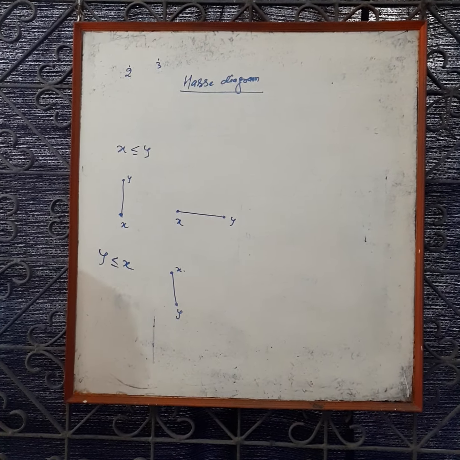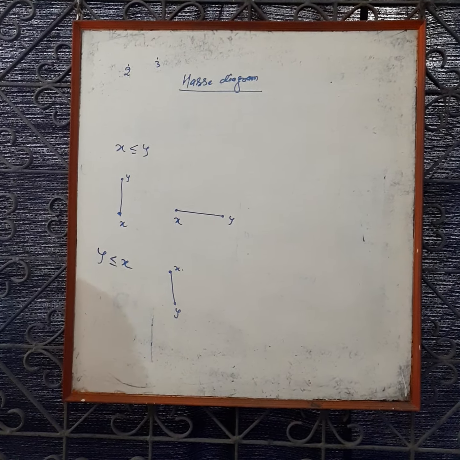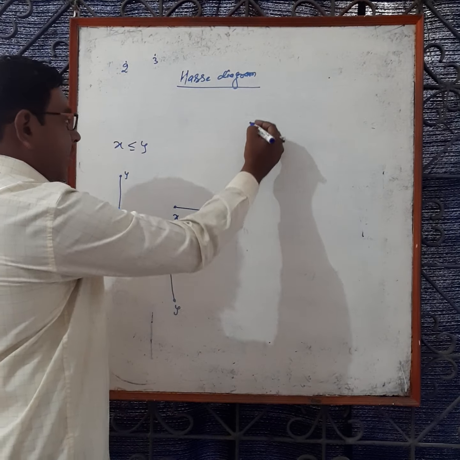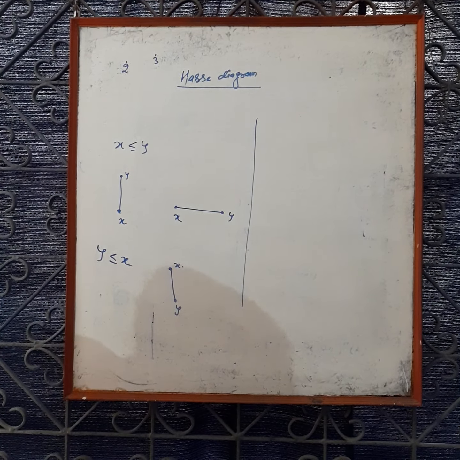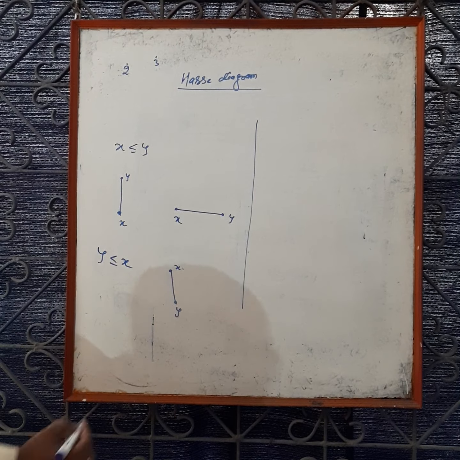This type of representation of a poset is called a Hasse diagram. It is a diagrammatic representation of a given poset. Now we give an example of how to draw the Hasse diagram of a given poset.